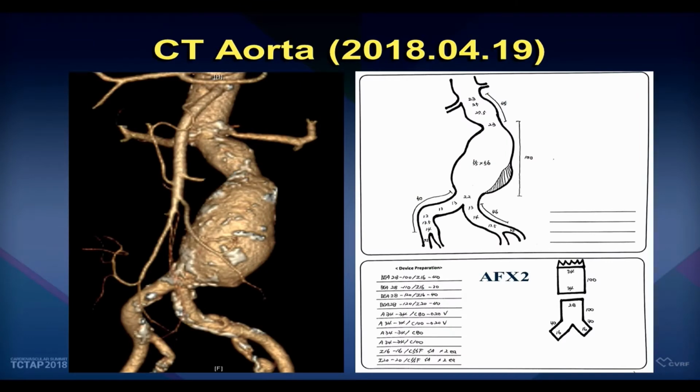In the volume rendering imaging, you can see the relatively long common iliac artery, more than 40 millimeter, and he also has a long neck area, and there is a little angle, but it can be suitable for the endovascular intervention.